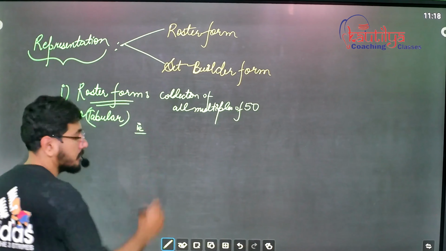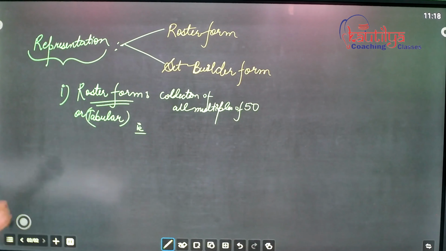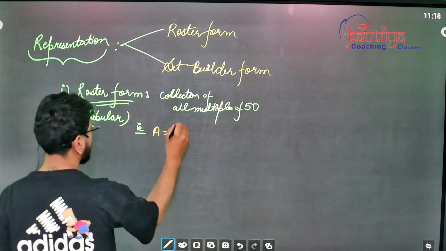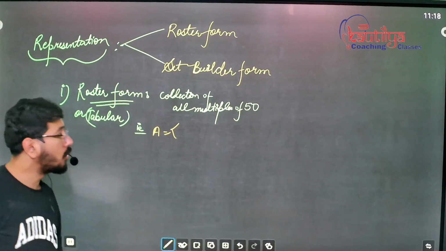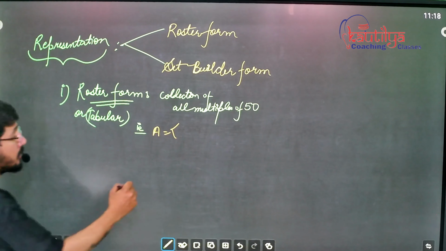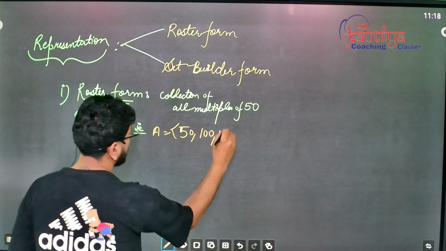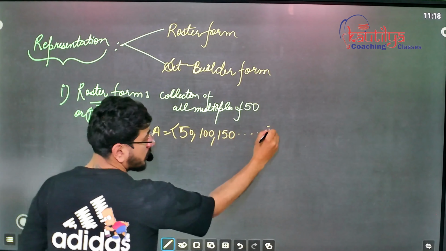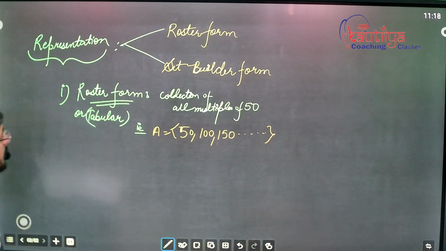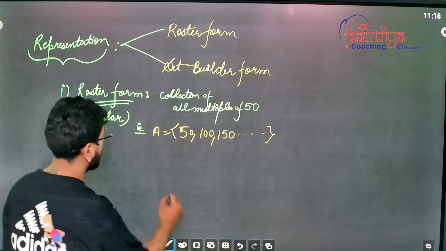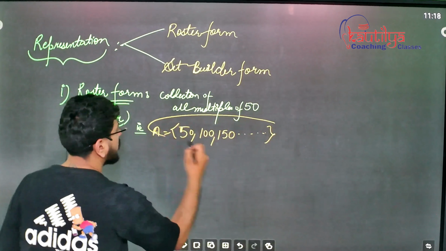That is A is equal to all multiples of 50: 50, 100, 150 and so on. This is the collection of the multiples of 50, and this is the representation for the roster form.